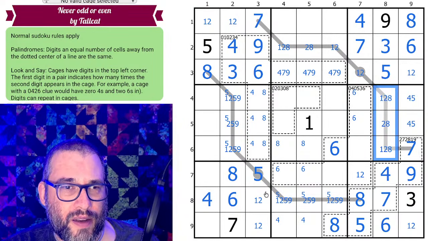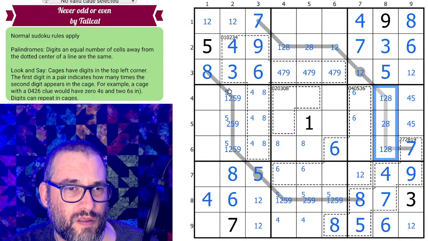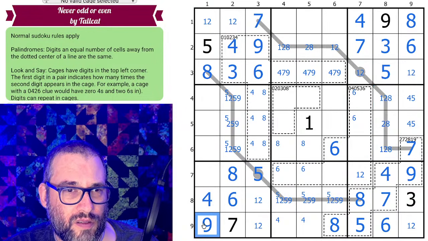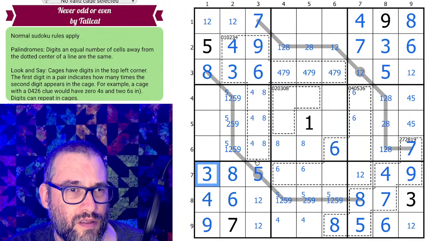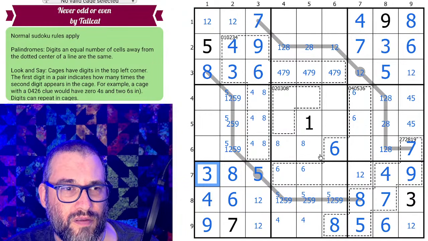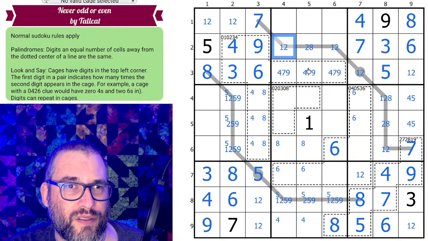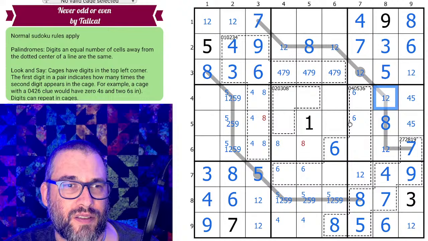9 in box 7. Goes there. This is a 3. Eight looks right, so that's not an 8, so that's not an 8. 1, 2 pair now, so that's an 8.